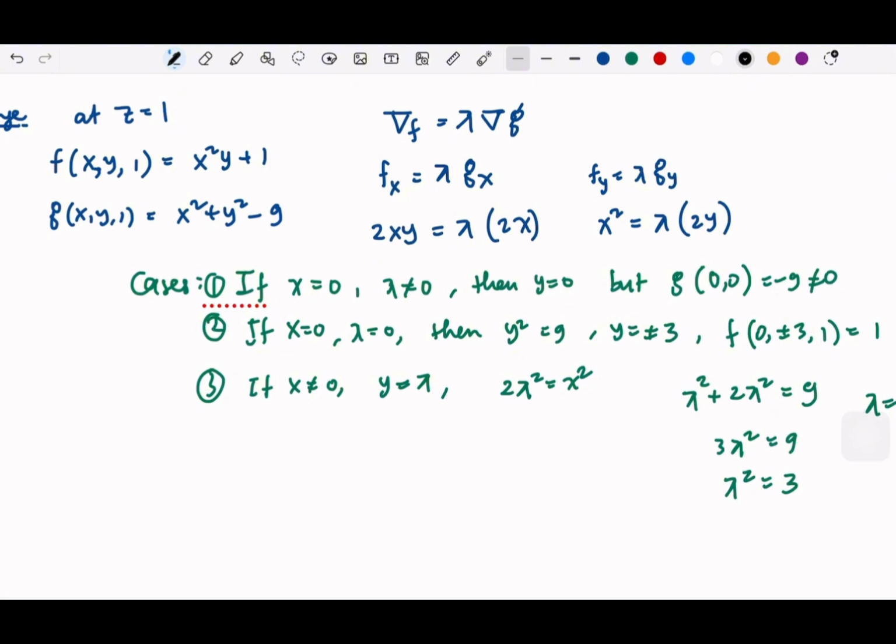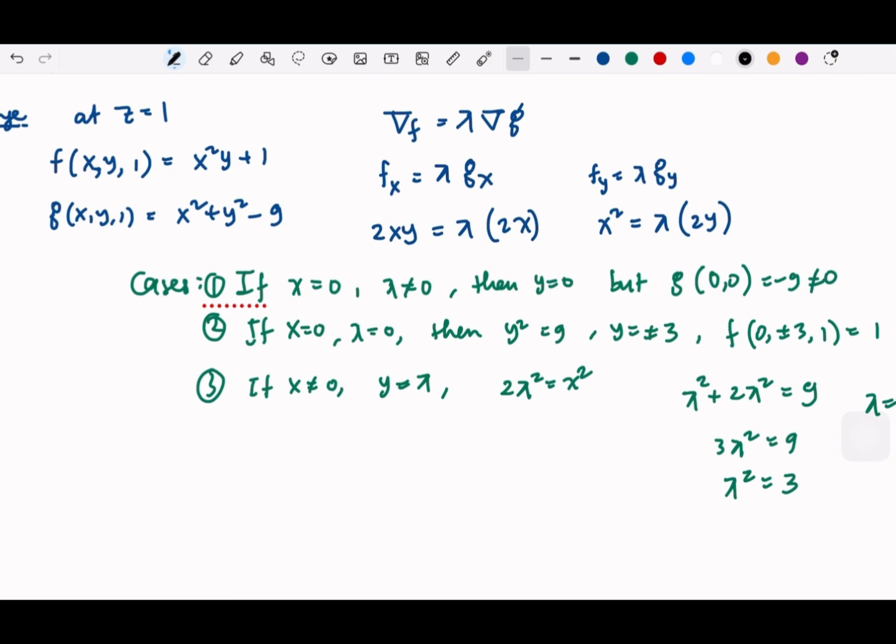Okay? Now the third case, the third possibility, is if x is not 0. So basically we can cancel this, which gives you the idea that y could be lambda, right?